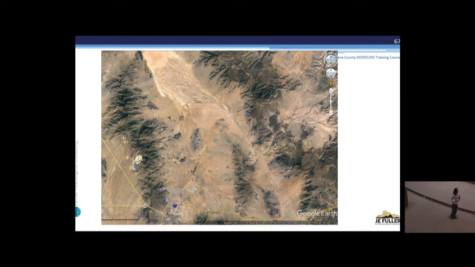All right, so I'm just playing around with something here. This is the Red Lake playa. And what I was looking at was this little group of pivots right here. And I was thinking about why they're there. Sometimes farmers farm because they own land at a certain place, but sometimes there's a reason why they own land at a certain place.